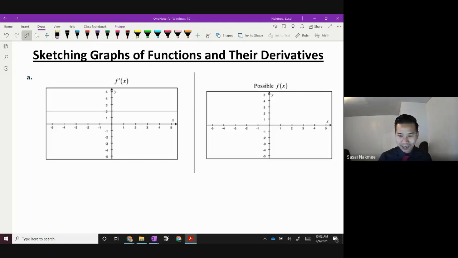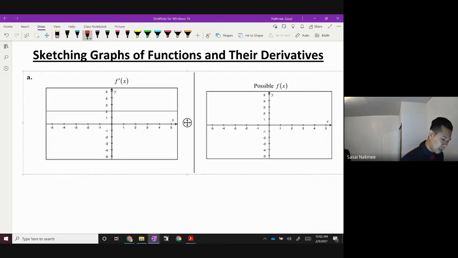All right, check this out, guys. The derivative is telling me that the slope of each of the tangent lines in the original graph is always going to be equal to 2. Which means the function we were originally dealing with always has a slope going up 2 over 1, and it never changes. So what would that look like? Well, it would look something like this.